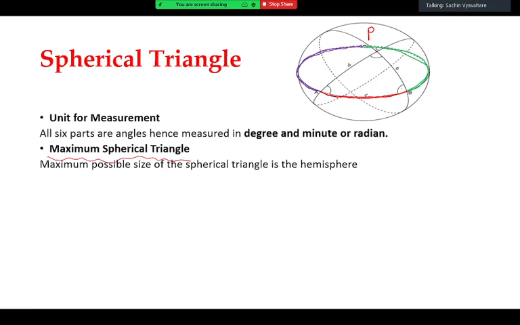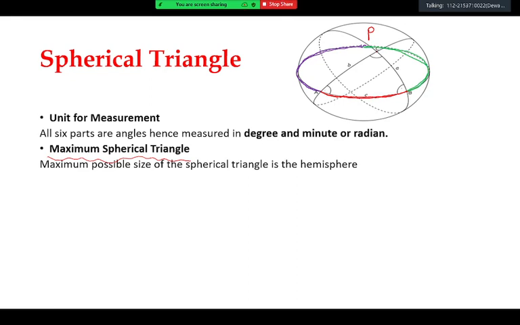Can you guess what the maximum sum of the angles of the triangle is here in a spherical triangle? Yes, anyone? What is the minimum sum of the angles and the maximum sum of the angles?